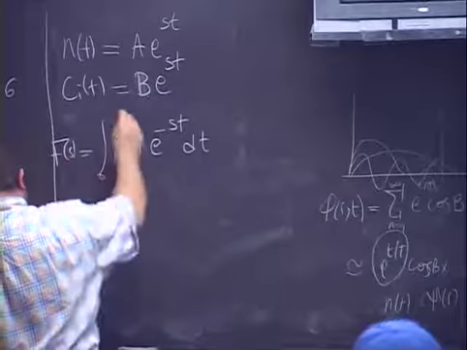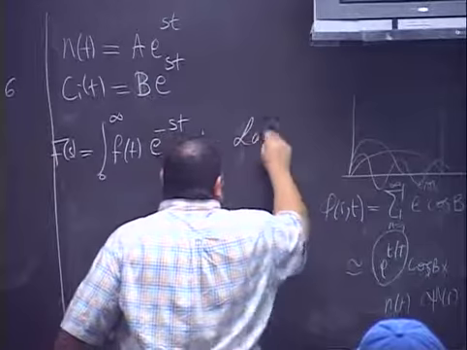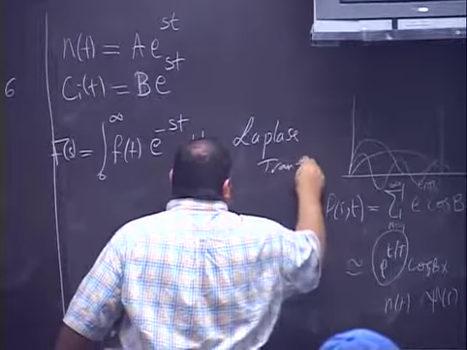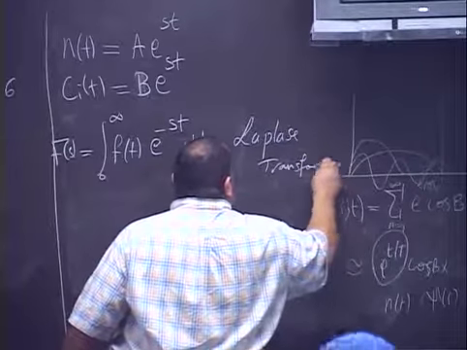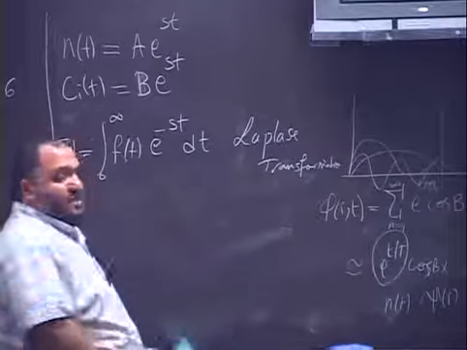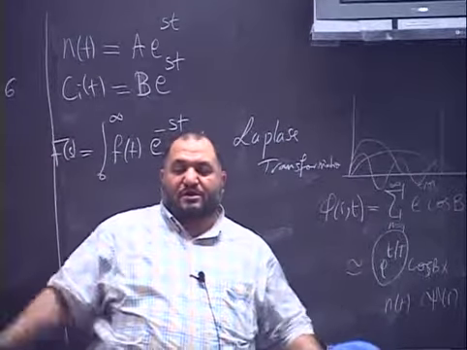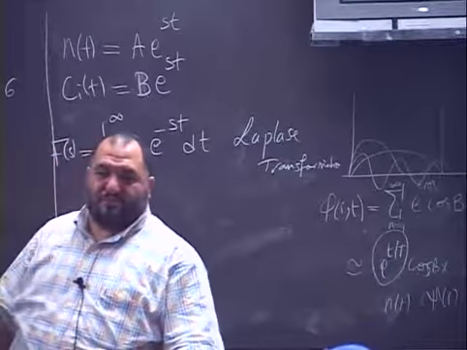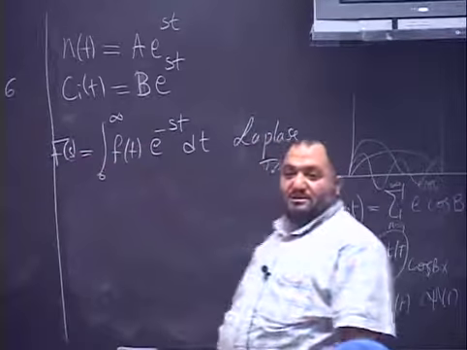This is the Laplace transformation. This is one of the methods to solve differential equations: to assume that you have f of t, take the Laplace transform for both sides, then you will be able to transform the differential equation to an algebraic equation as a function of s, not as a function of t.